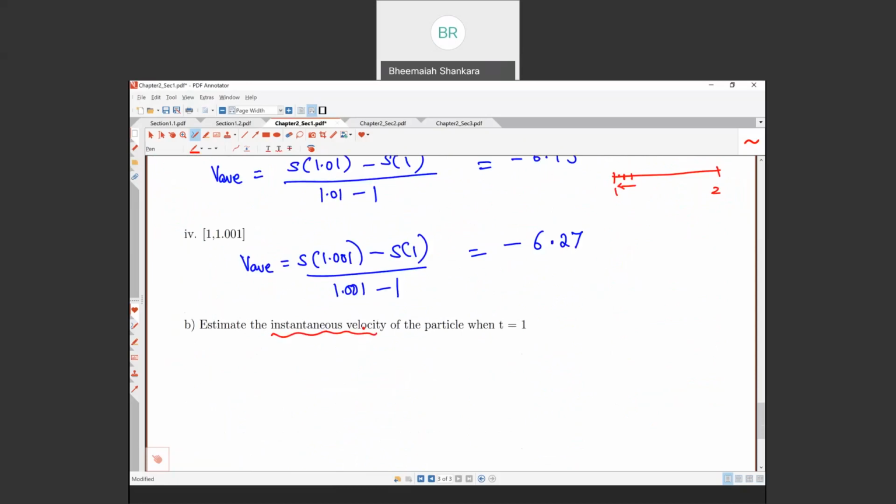So question asks you to estimate the instantaneous velocity of the particle when t equal to 1. We started with 6, we got negative 4.71, negative 6.13, negative 6.27, and so on.